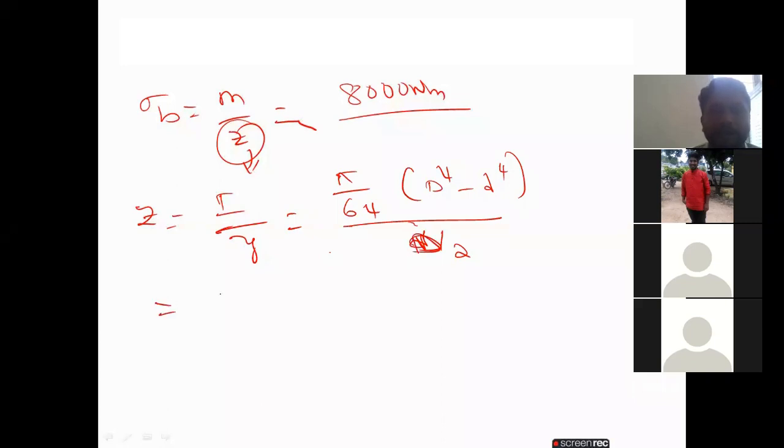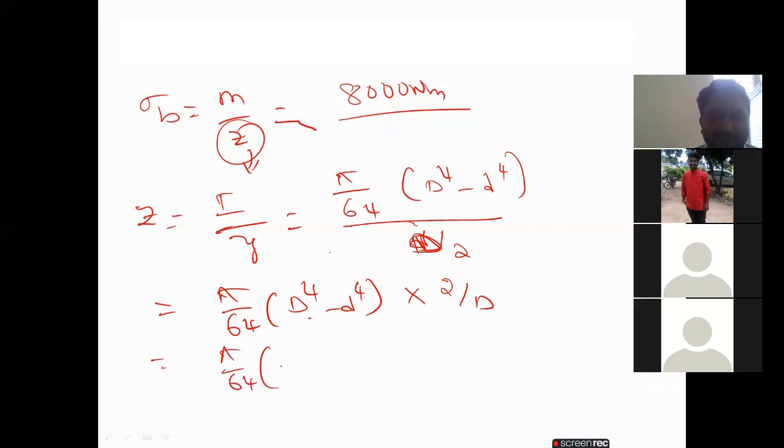Now substitute all the values: pi by 64 into 0.1 power 4 minus 0.05 power 4, into 2 by capital D, which is 0.1.